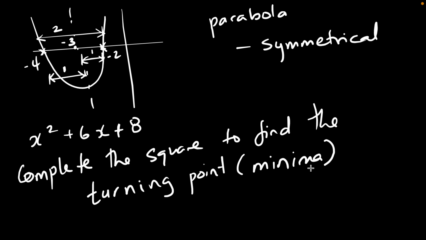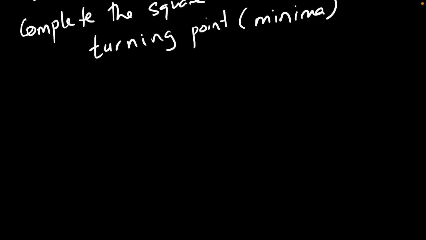Cool. Let's do that. We already know that the turning point has an x value of -3, but that's beside the point. That is, I guess, some context for you, and hopefully it helps you when you're working these questions out. So let's complete the square, right? Shift it up a little bit more if we can. All right, we should be good right there.